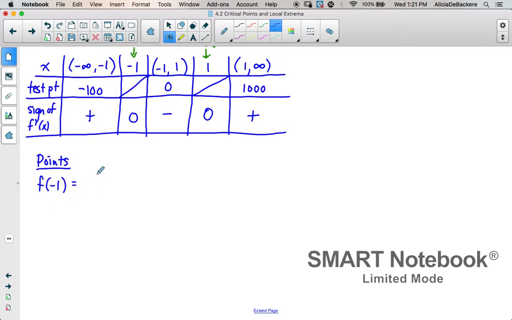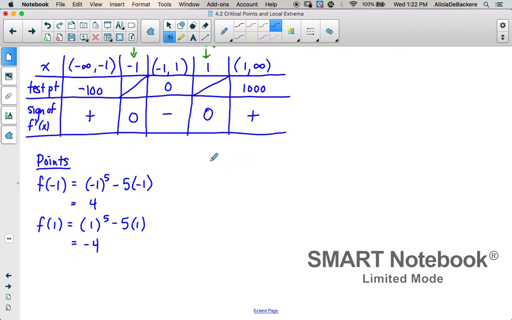So I'm going back up to x to the power of 5, so -1 to the power of 5, minus 5 times x, all the way up to the equation given in the question. And so I get -1 plus 5, or 4. And then I'll do the same thing with the other. This time I get 1 minus 5, so I get -4.